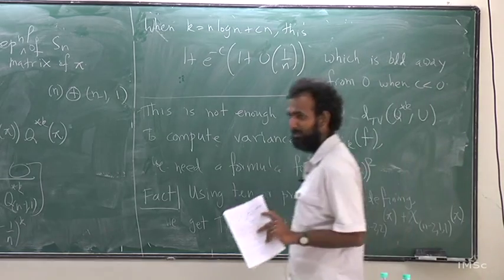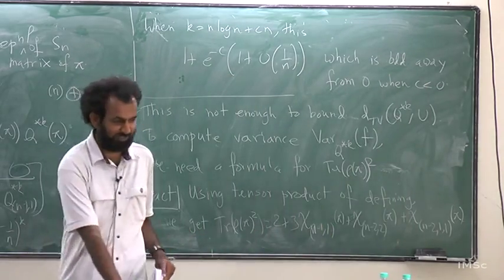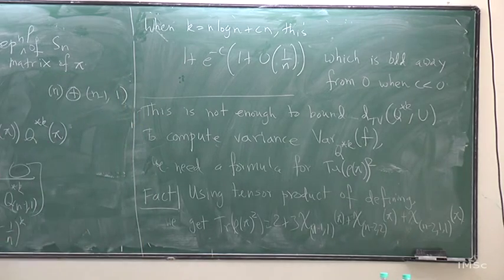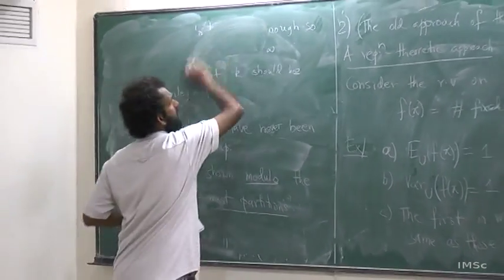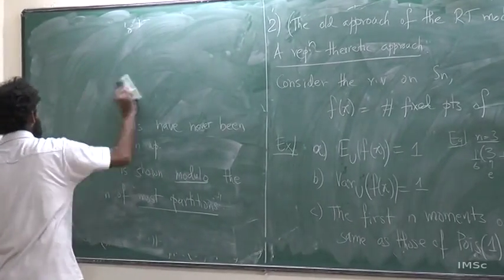I have absolutely no idea how to prove such a thing. Okay, so we are not quite done, there's quite a bit of work, but let me just tell you the steps.